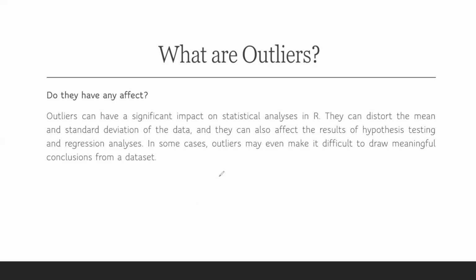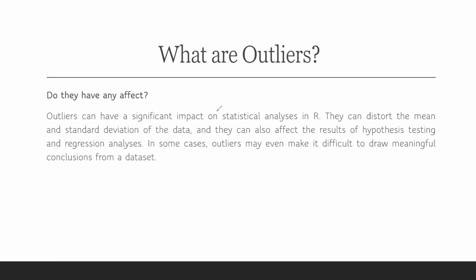Now, let's say you have an array of 3 elements, 1, 2, and 40. So the mean will be distorted because of this outlier, that is 40. And that is why we have to handle carefully the outliers that are present in the dataset.